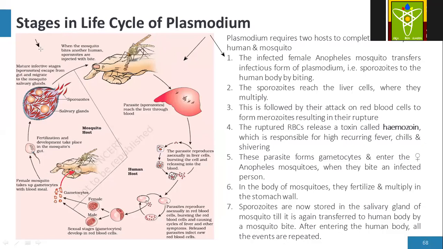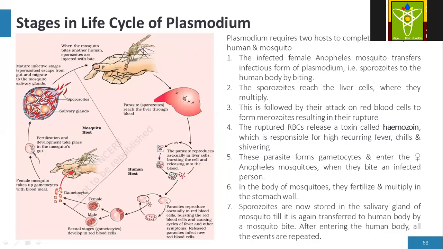This diagram is given in the NCERT and this write-up I have prepared for you so that things become simpler for you. And whatever we learned was required to understand. If I had said only these 7 points, things wouldn't have been understood easily. So first I explained the process and now I'm saying how to write in the examination.